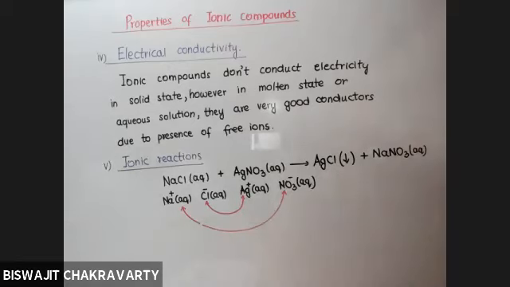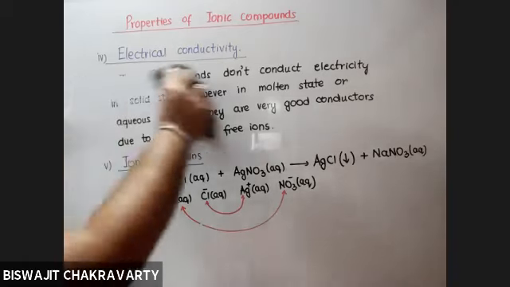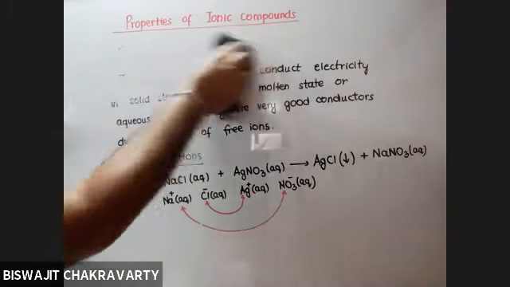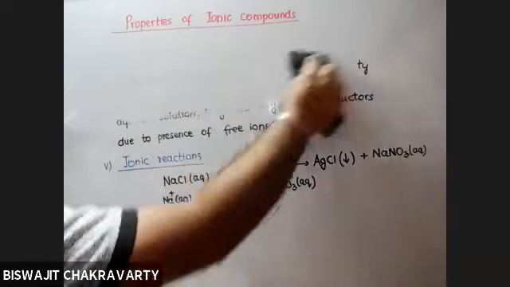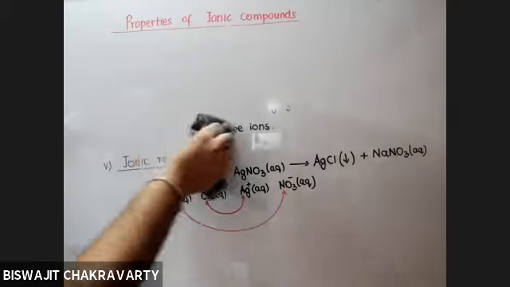That is why we say that ionic reactions are very, very fast, because they split up into oppositely charged ions when dissolved in water. Therefore, the chemical reactions of these compounds are very, very fast. Is it clear? Yes, sir, clear.